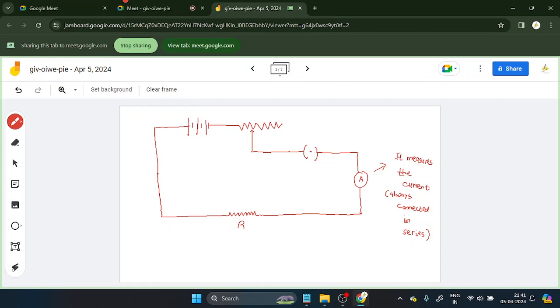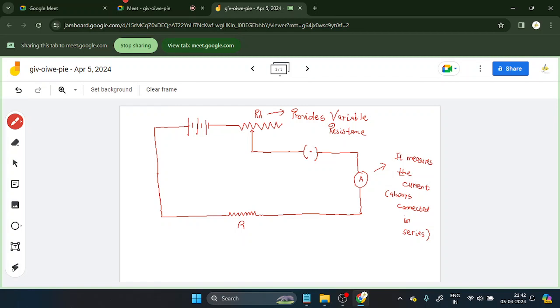The resistance box also provides a resistor, just like the rheostat, but the rheostat provides variable resistance. However, this resistance box provides the known resistance. You know the value. Okay, clear?